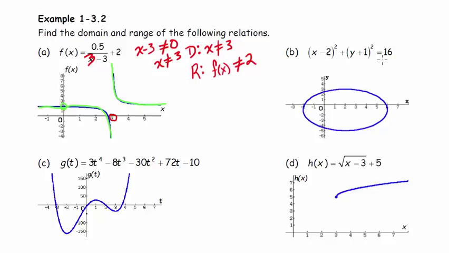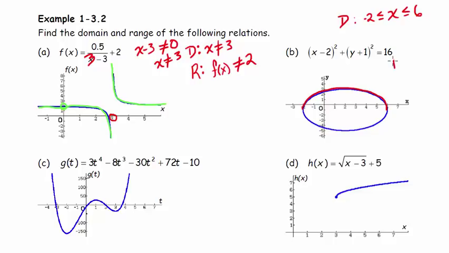But the easiest way, again, is to look at your graphical representation. If I go left to right, my domain goes from -2 to 6. So my domain here, we'd say -2 is less than or equal to x, which is less than or equal to 6.